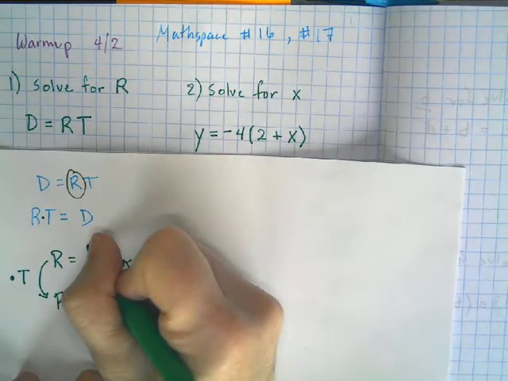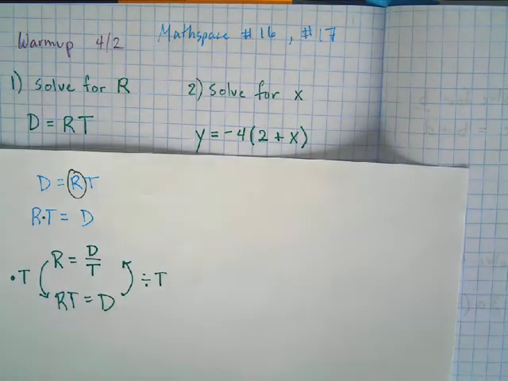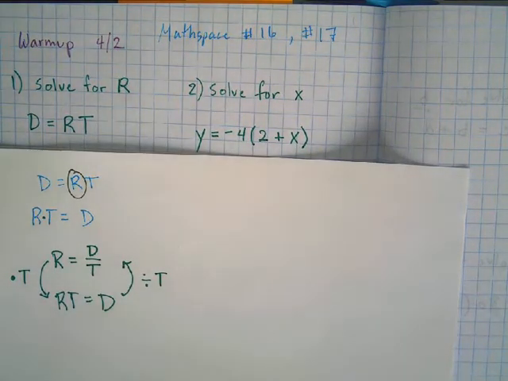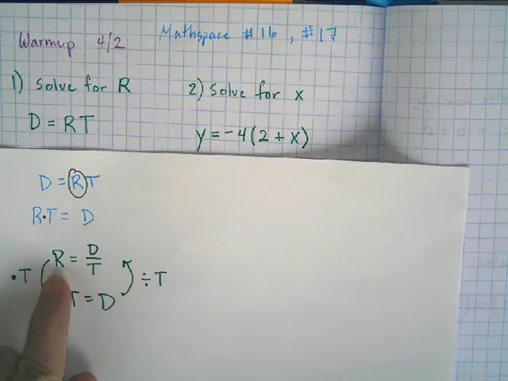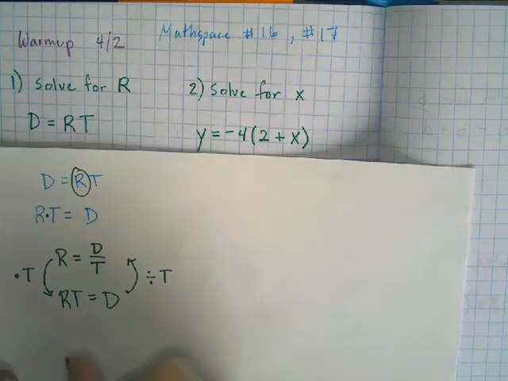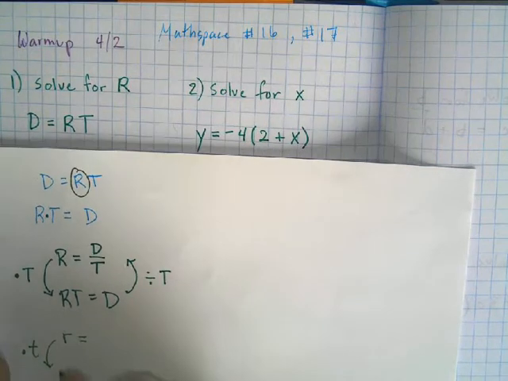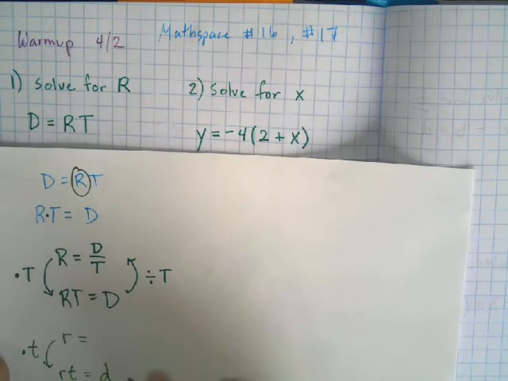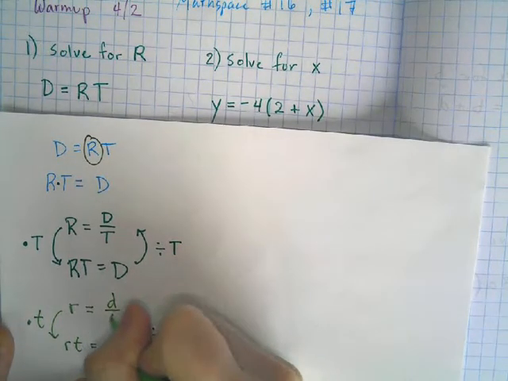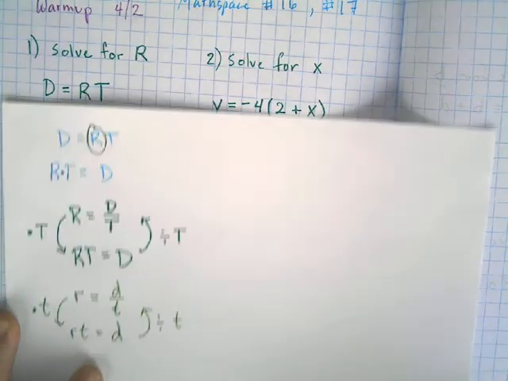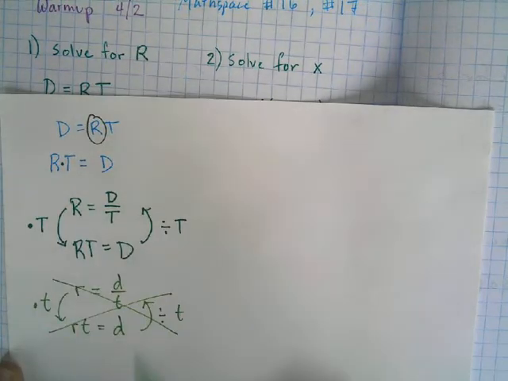D divided by T. Now, in Math Space, you have to be really careful and make sure you're using capital letters, uppercase letters. If you do it like this, and you get D divided by T with lowercase letters and put this into Math Space, it's going to say wrong.